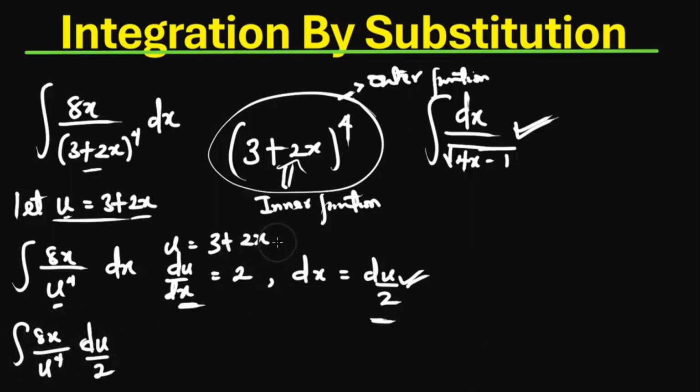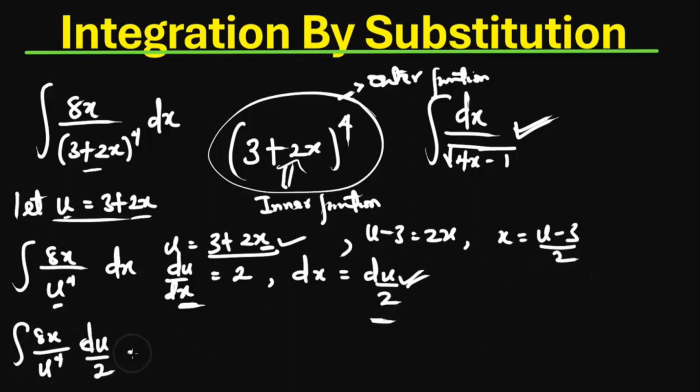So we're going to come back here as well, and we're going to make x the subject. We want to replace this x completely. Okay, so when we make x the subject, we're going to carry 3 to the other side, u minus 3 equals 2x, so x equals (u minus 3) over 2.